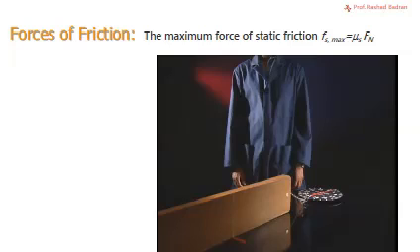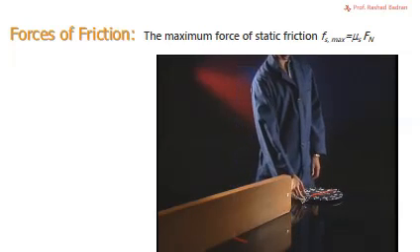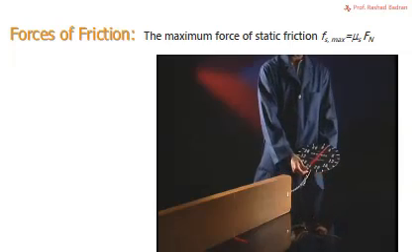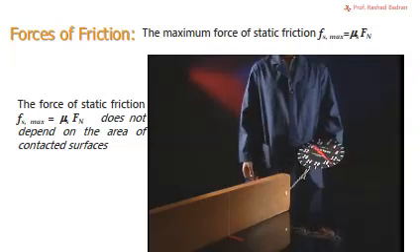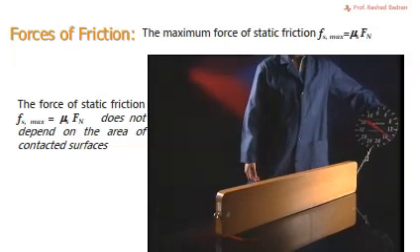If we now tip the board up on its edge so that the surface area in contact with the table is decreased about 4 times, how much force will be needed to move the board? The force remains about the same. To a good approximation, static frictional force does not depend on the area of contact.